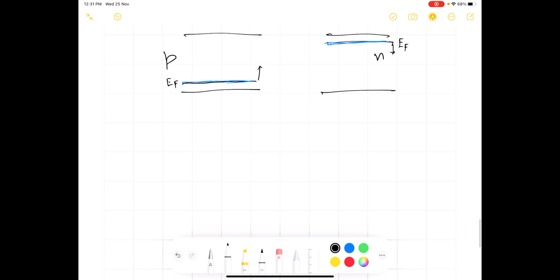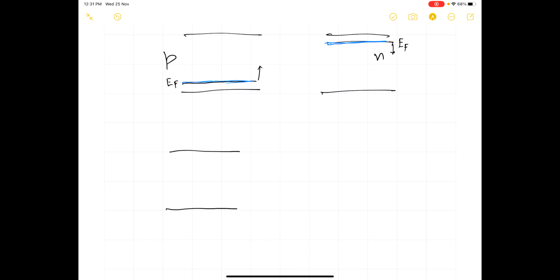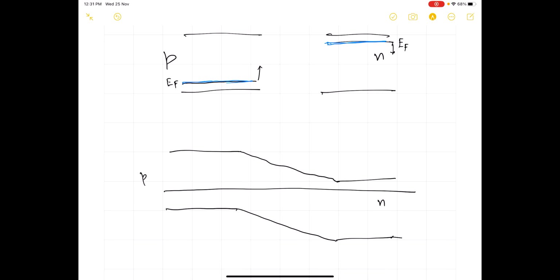Again we draw the band diagram of the PN junction. So this is p type, this is n type, and here is the Fermi level EF. This is the conduction band energy, this is the valence band energy. Here is basically EV and here is basically EC.